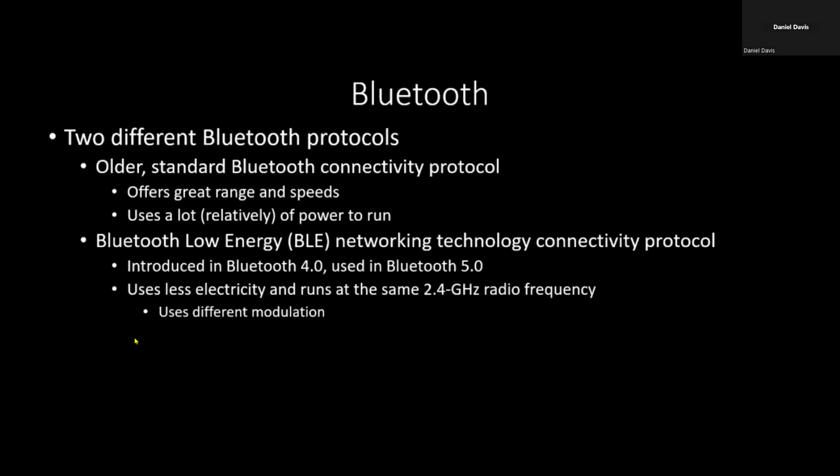One important note is it uses different modulation, so these two technologies are not interchangeable. Often devices that are built to use the old Bluetooth technology cannot connect with the new ones, and devices that are built around the new Bluetooth technology cannot connect with older devices. There are some exceptions: smartphones are generally designed in a way where they can connect to either version, older Bluetooth devices or the newer BLE devices.